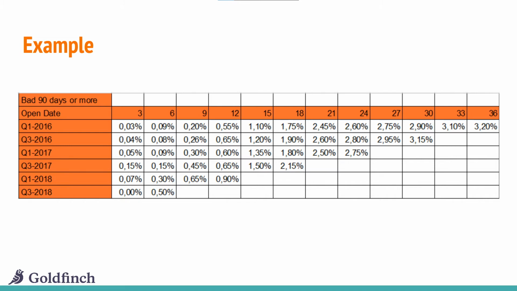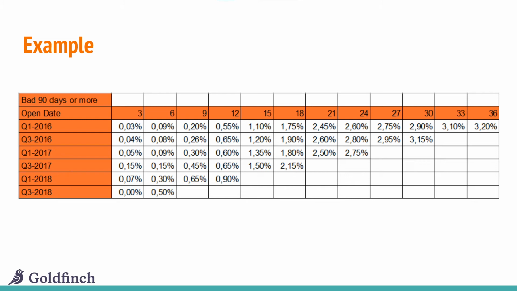A 30 month window starting from third quarter 2016 for accounts opened in third quarter. We only have 30 months of data. A 24 month window starting from first quarter of 2017, etc.